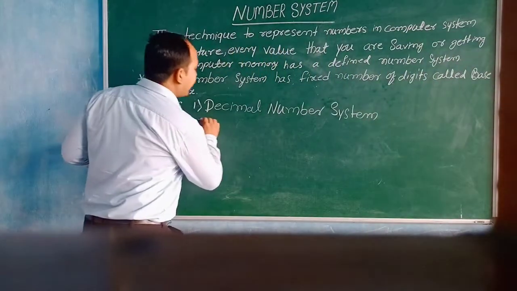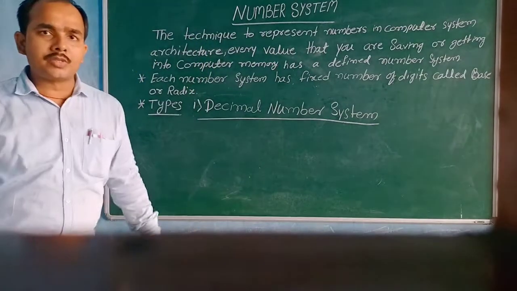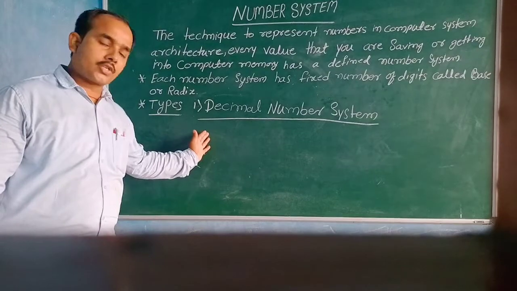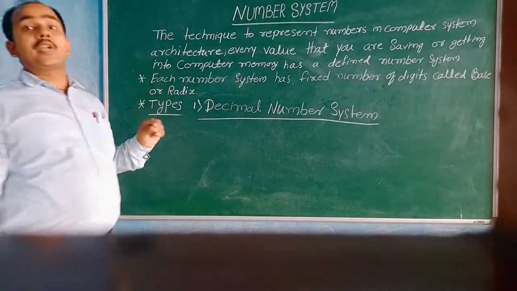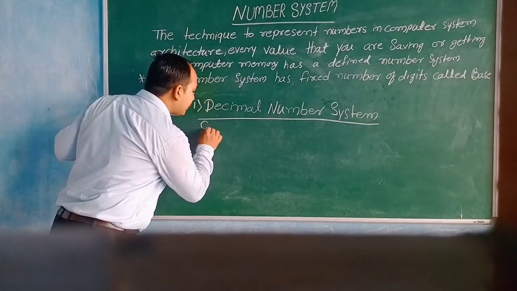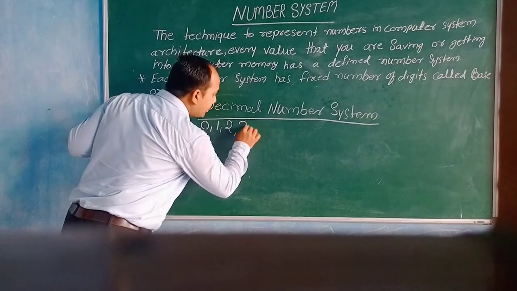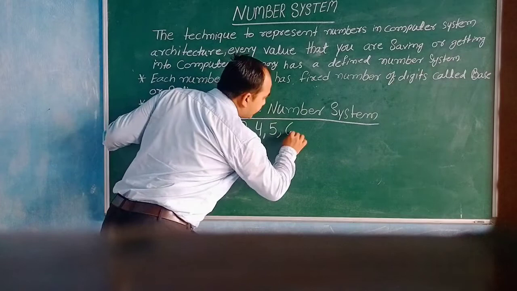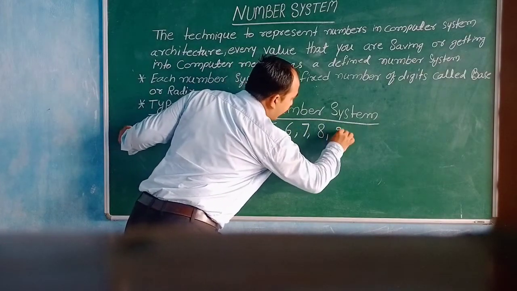So here is the decimal number system. What do you mean by decimal number system? Why are we saying decimal number system? In decimal number system, dear students, 10 digits are present: 0, 1, 2, 3, 4, 5, 6, 7, 8, and 9.